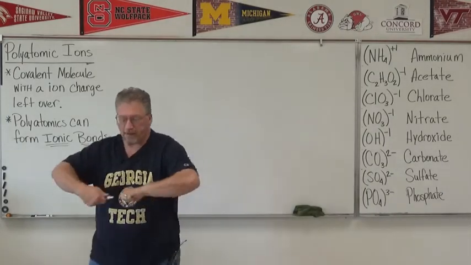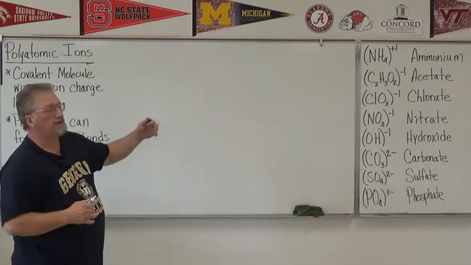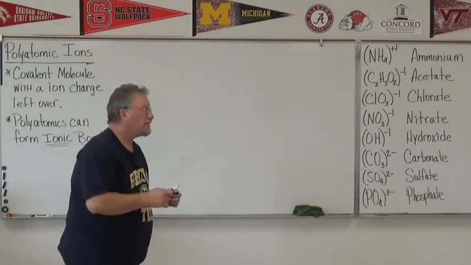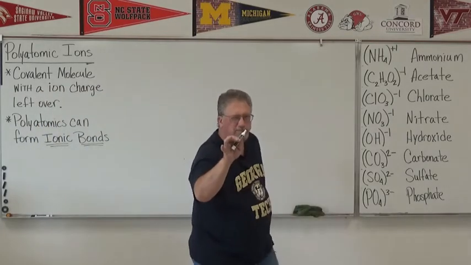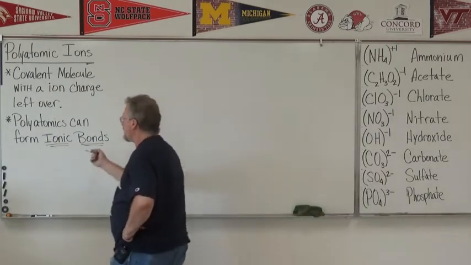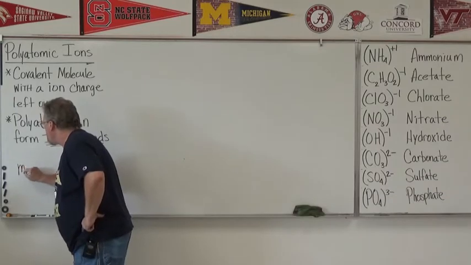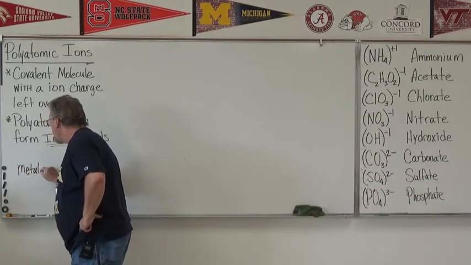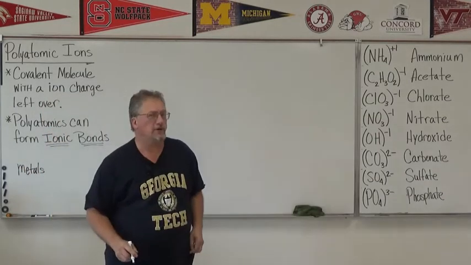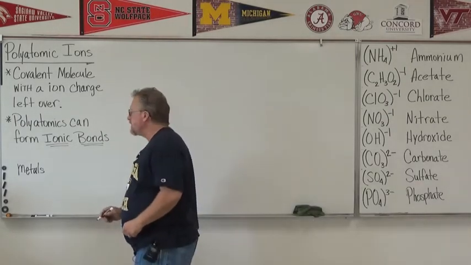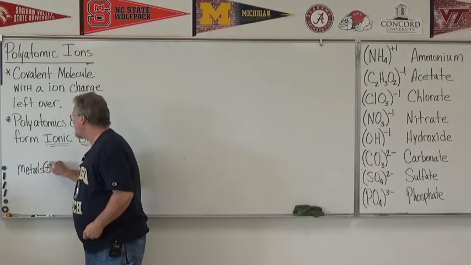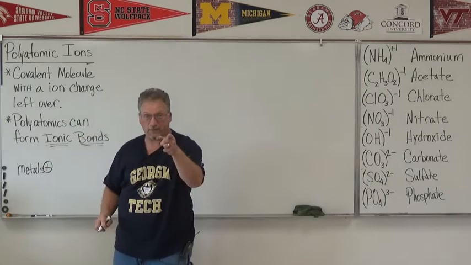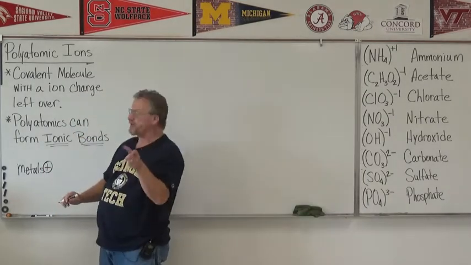Now, how to make these things bond and go through their ionic bonds. A little keynote here: remember metals? Metals like to do what with their electrons? Lose. If you lose negative charges, then your metals are going to be positive ions.